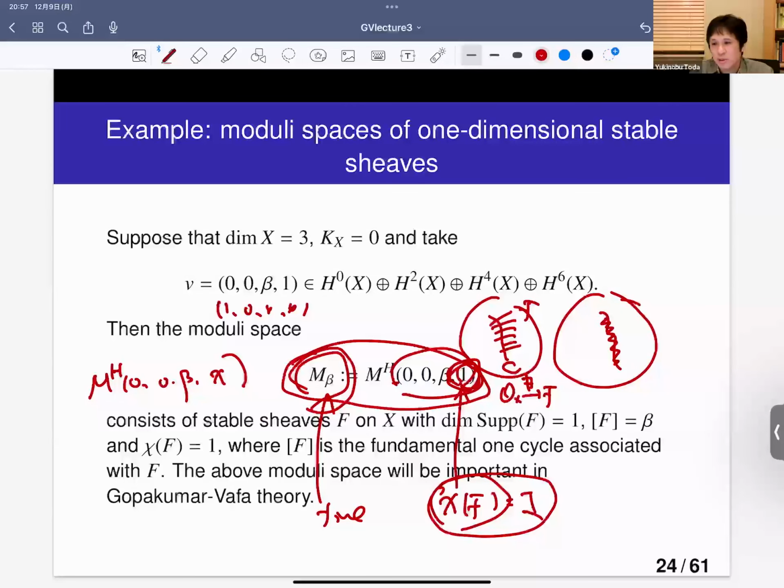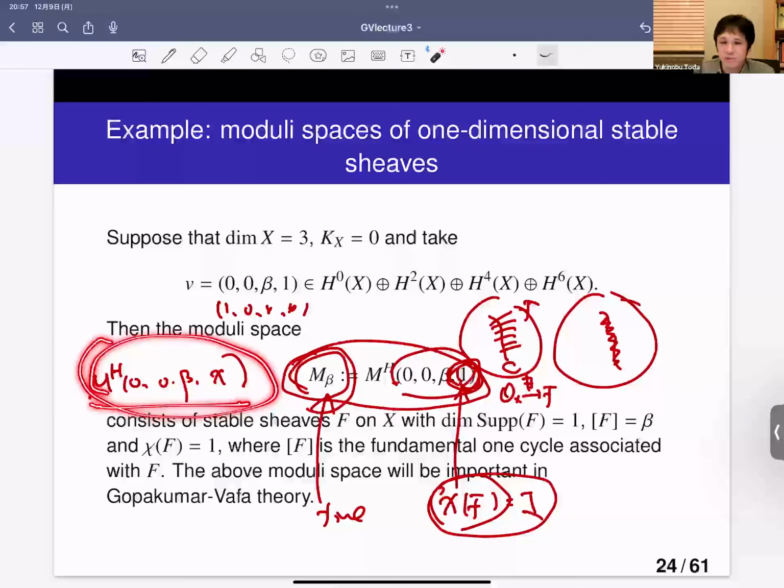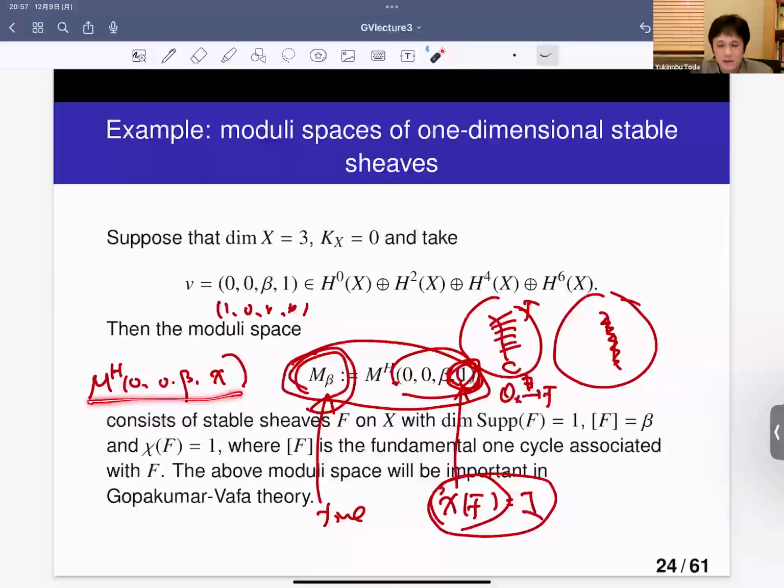So stable equals semistable, and also there is a universal family, so that, for example, we can construct the virtual fundamental class and so on. But we can also define Gopakumar-Vafa theory from this other moduli space. Although this is not a nice space, we can treat it as a moduli stack, and we can define the Gopakumar-Vafa invariants from this one.